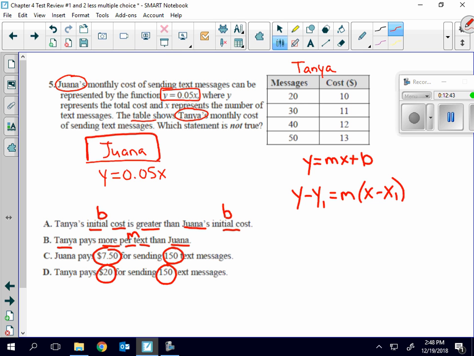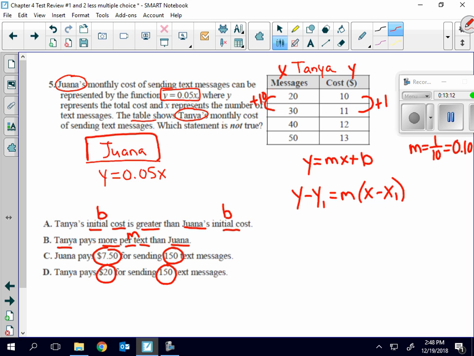But of course, either way, we have to find m first. M is the slope. It's just the change in y over the change in x. So the change in y looks like it's going up by 1. The change in x is up by 10. So the slope is 1 over 10. I'm going to go ahead and make that a decimal. You can do it on your calculator. 1 divided by 10 is 0.10.